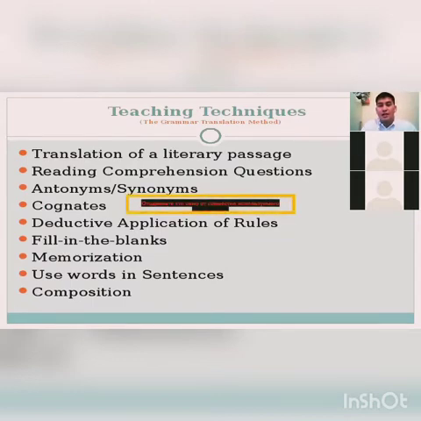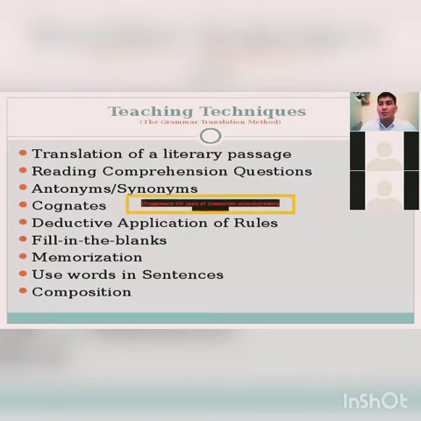And the next, to find antonyms and synonyms, cognates, which means related words, as well as synonyms. Deductive application of rules, as we have mentioned above. Deductive application means you have the rule and you should give an example. Fill in the blanks, memorization of vocabulary, use words in sentences. It means just use words in sentences.